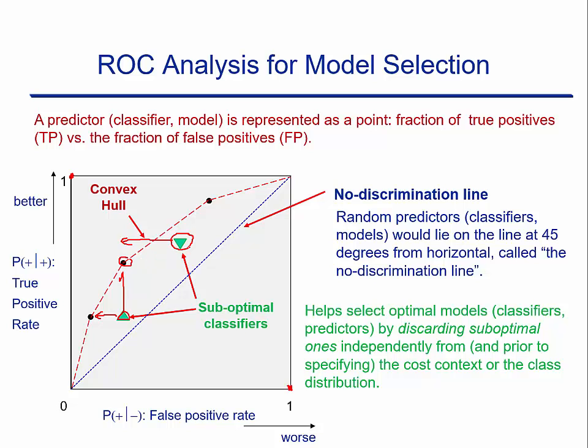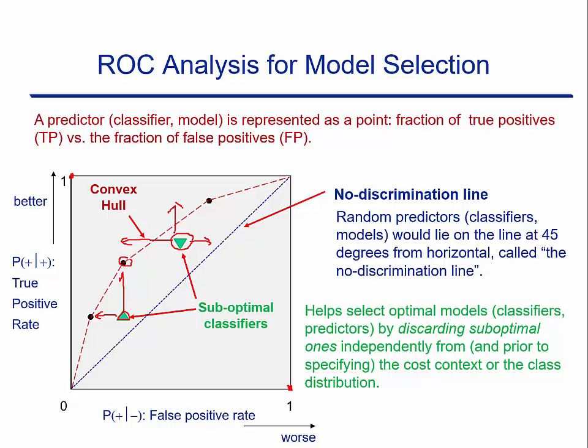And similarly, compared to the right black point, it is better in FP rate, but worse in TP rate. So this means this green inverted triangle is not superior to other classifiers in both dimensions. So possibly this is also a suboptimal classifier.